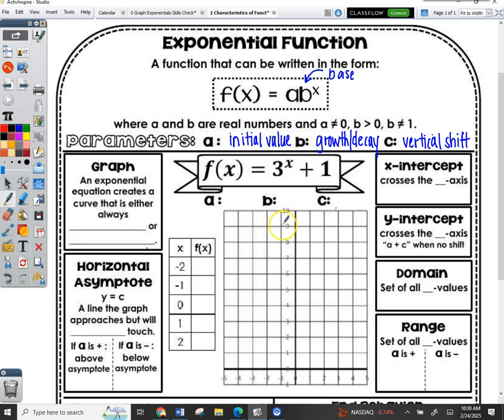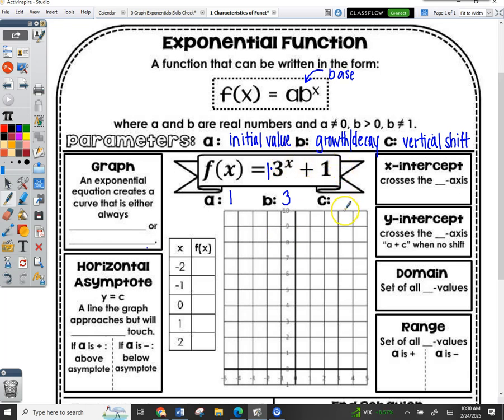What is B in this problem here? No. The base of the exponent is 3. What is A then? 1. Do you notice there's nothing in front of it? There's no additional number right here. So there's an understood 1 being multiplied here. So A is 1.